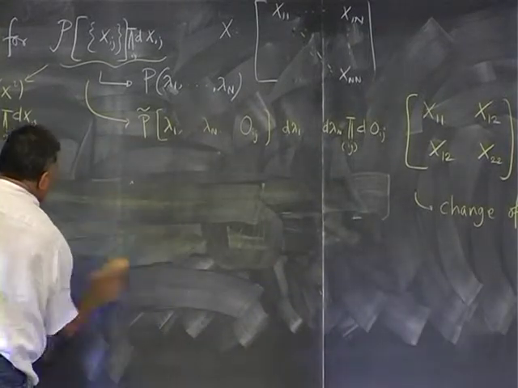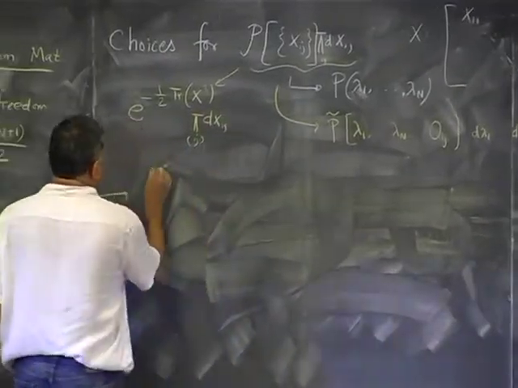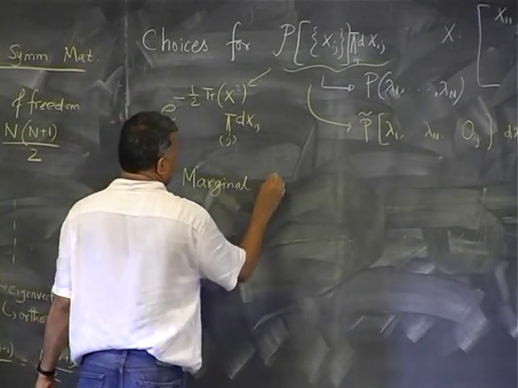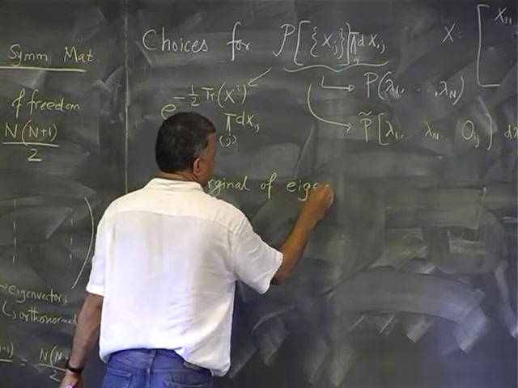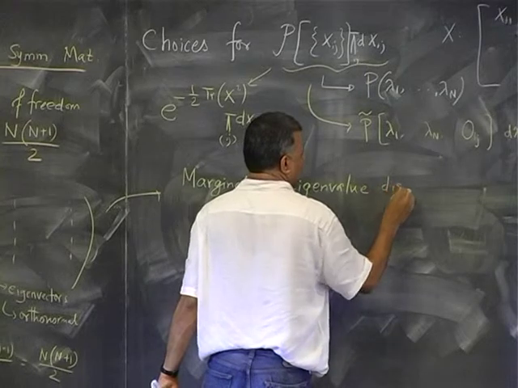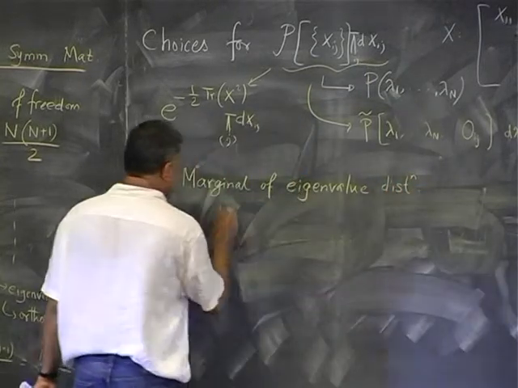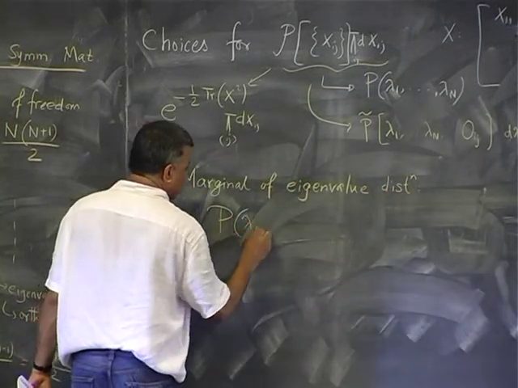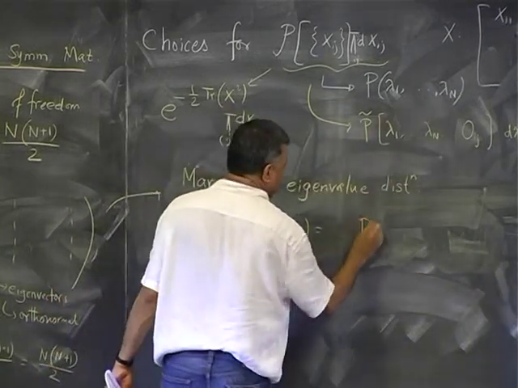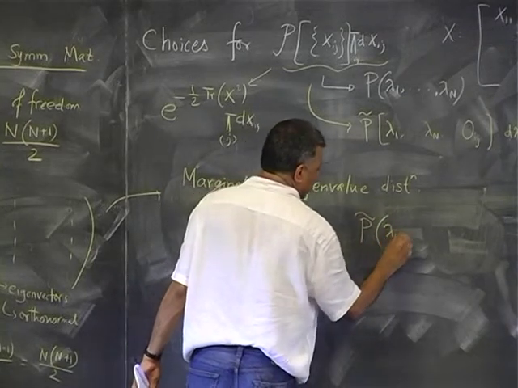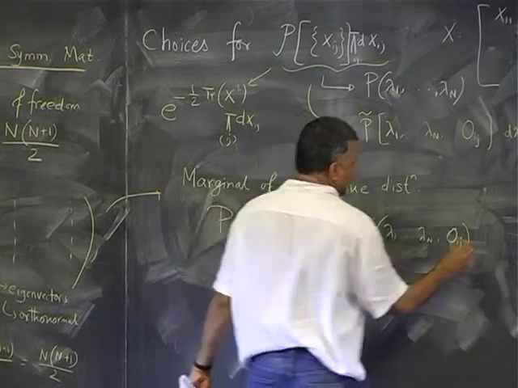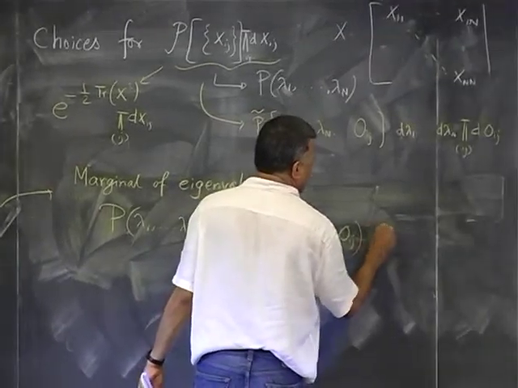and then finally I want to calculate the marginal of the eigenvalue distribution, because I don't care about the eigenvectors. Once I can calculate the joint distribution of the eigenvalues and eigenvectors, I have to integrate over all the eigenvectors.